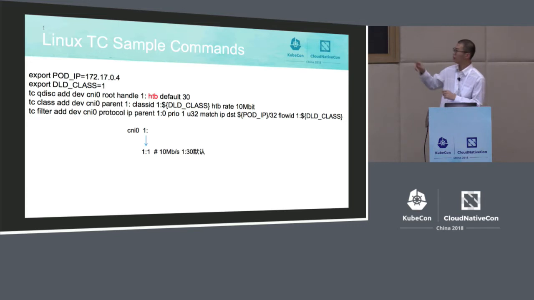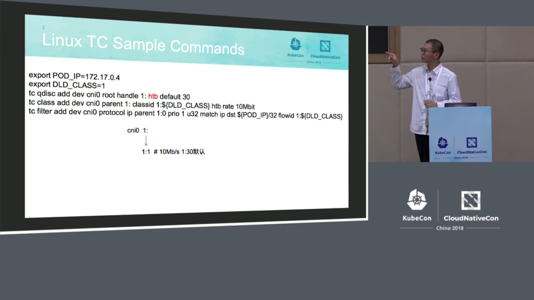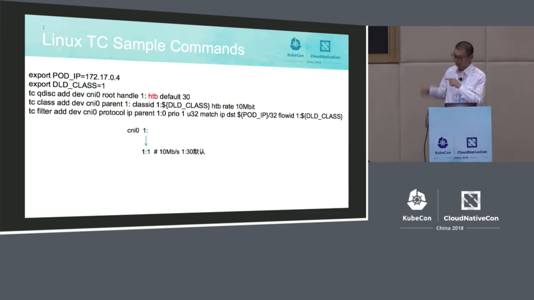The IP parent is 1:0. And then match the IP address, so we can send to this destination address. The maximum traffic is 10 MB per second on average, very fast.